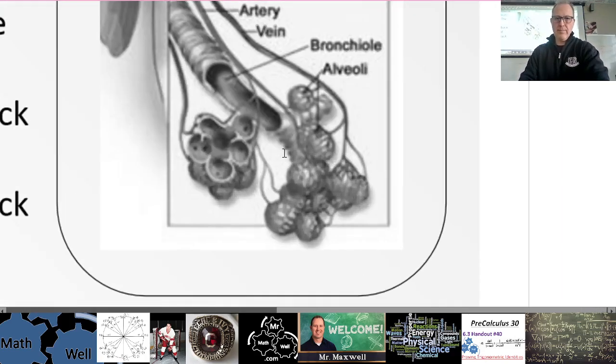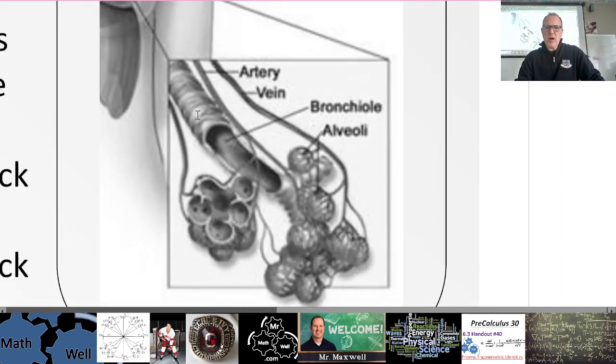In this diagram, the bronchiole here ends in the alveoli, and the oxygen then gets passed through there and back into the vessel that goes back to the heart. And the vein is what takes deoxygenated blood in and gives off the carbon dioxide. The arteries take the oxygen-rich blood back to the heart.